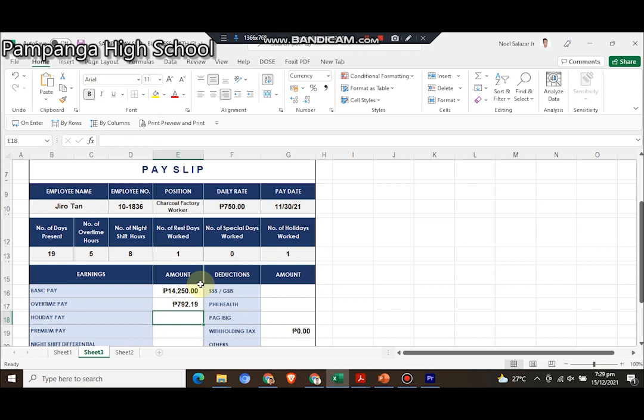For the holiday pay, multiply the daily rate and number of holidays worked times 2, which is double pay. The formula is equal sign G13 times F10 times 2. We have 1,500 pesos for the holiday pay.